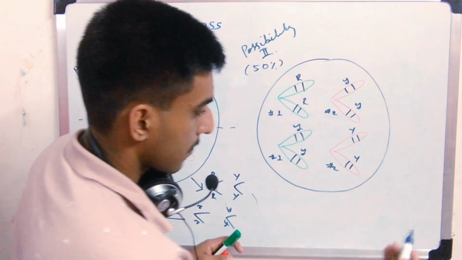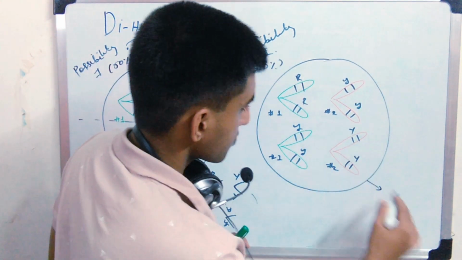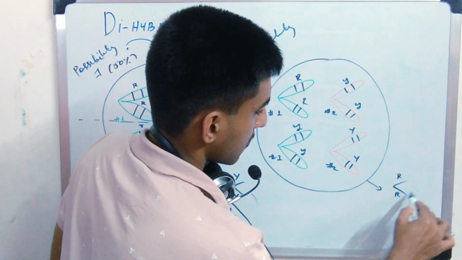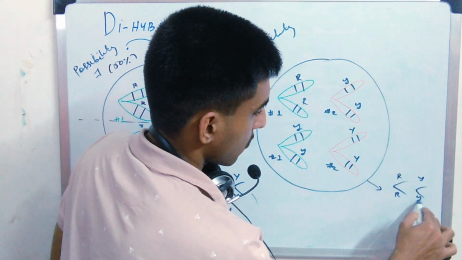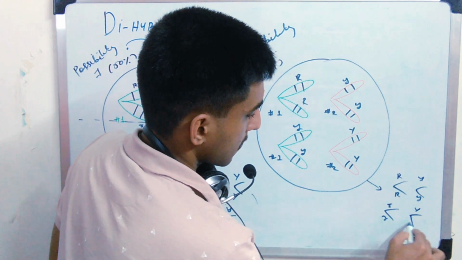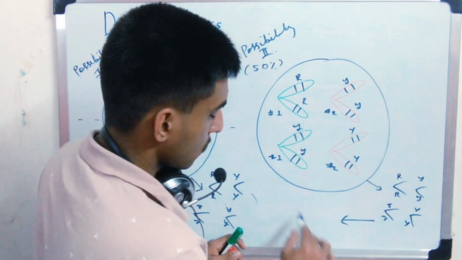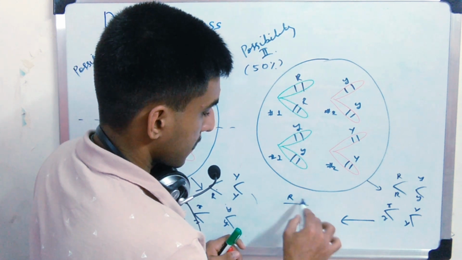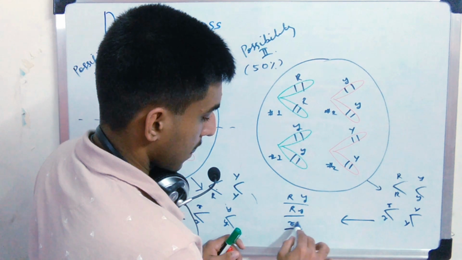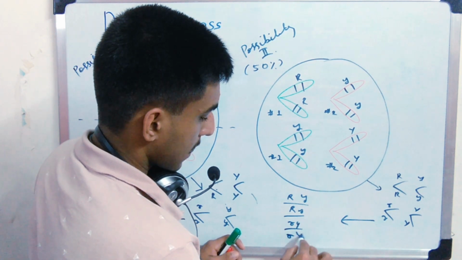So here after meiosis 1, capital R, small y, small r, capital Y. After meiosis 2, what will happen? Capital R, small y, capital R, small y, small r, capital Y, small r, and capital Y.